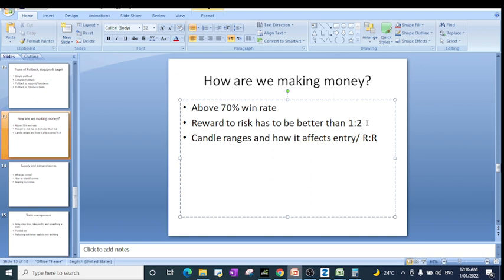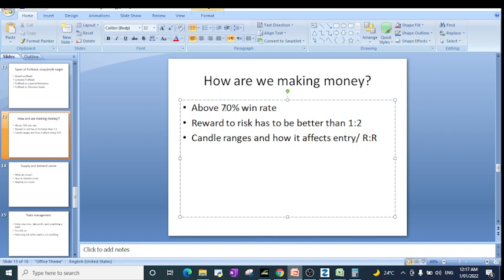So basically, for any risk reward, if we are risking 2% to make 1%, anything better than this is better for us because on our side we have a 70 to 75% edge.